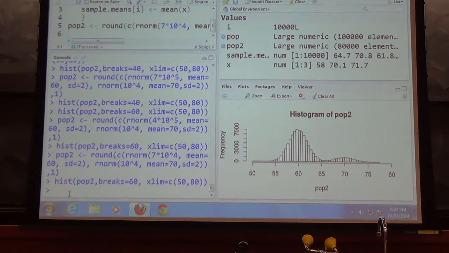Okay, so let's say my population looks something like this. So I've got a skewed right, also bimodal, a weird thing going on here. What do you think would happen if I take a bunch of samples from here?